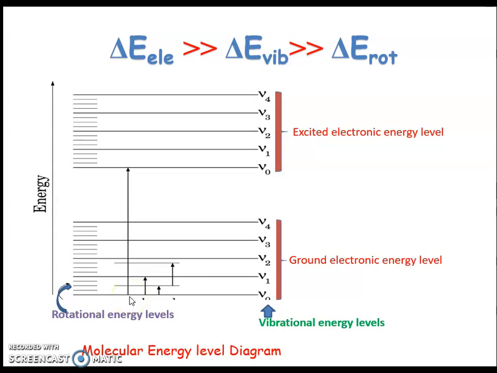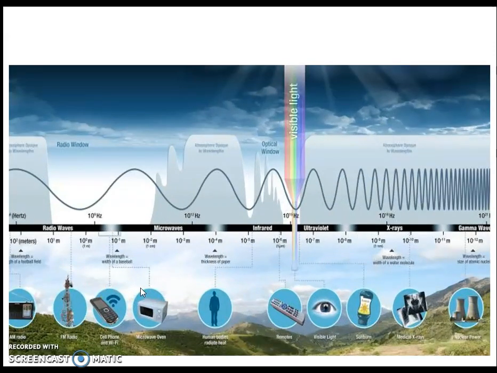Here, it is possible to have an electronic transition, a vibrational transition between two different electronic states, or a transition within the electronic state, or a rotational transition within the electronic state, etc. For each energy level transition, we need different types of radiation having different energy.